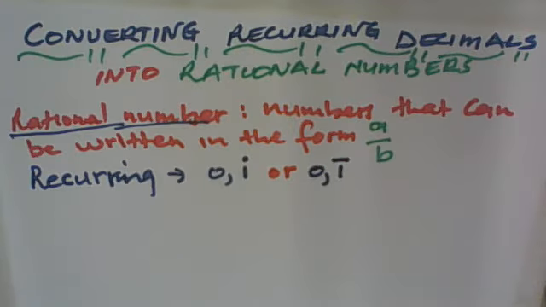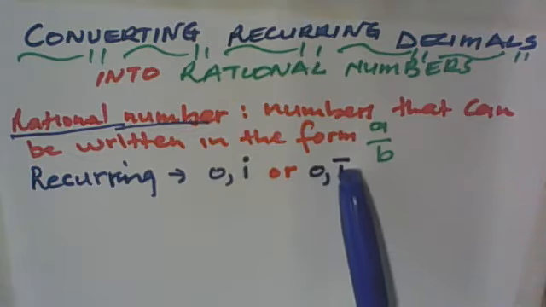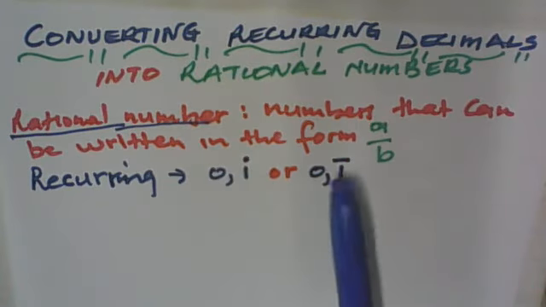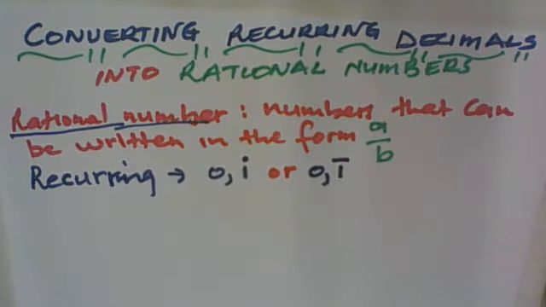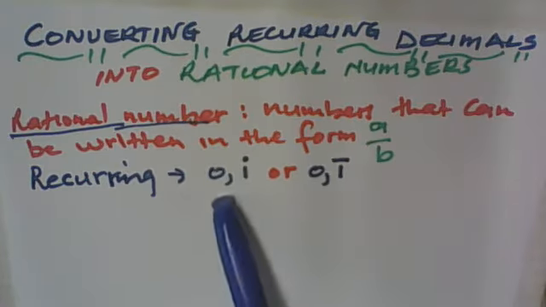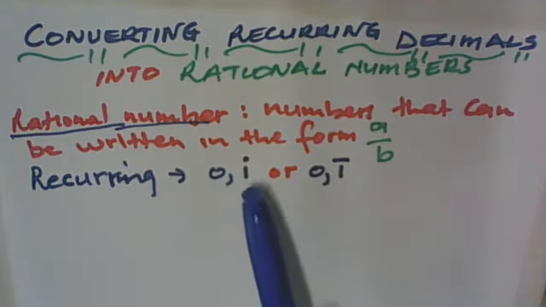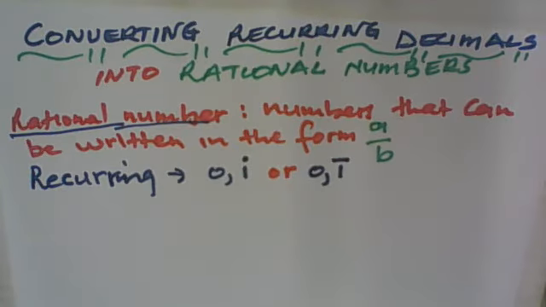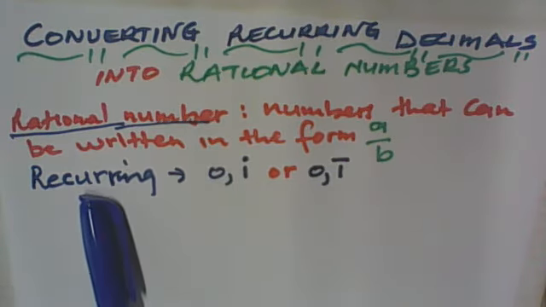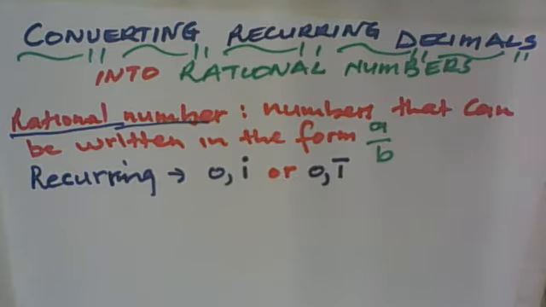We either use a bar or a dot on top of the number that repeats itself. That means this is 0,111111 up to infinity, guys. Now that is what they mean by recurring decimals. Now, how can we do that? Ooh, this seems to be a very interesting thing. And we are going to make it happen.